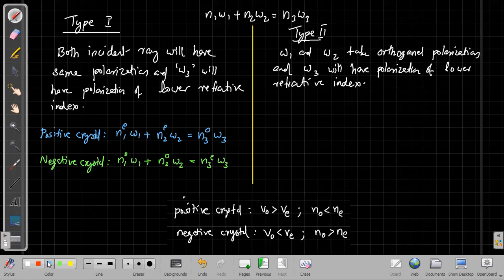Again we can start with a positive crystal. Obviously in the case of a positive crystal, omega 3 must be ordinary, but omega 1 and omega 2 would be NO or NE. So what we can write down is N1E omega 1 plus N2O omega 2 equals N3O omega 3.